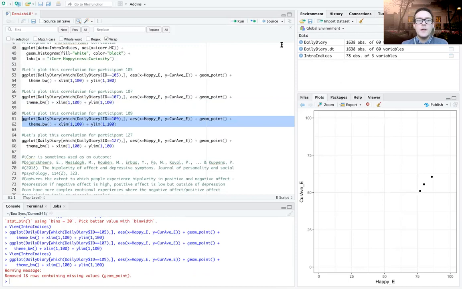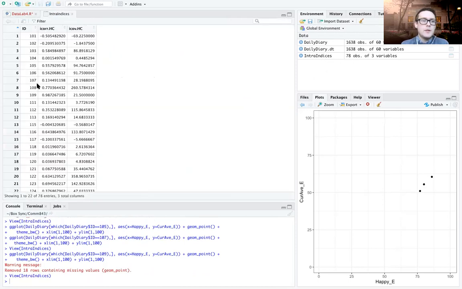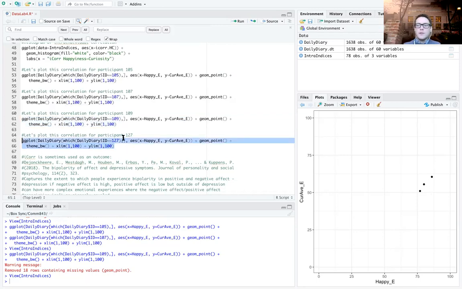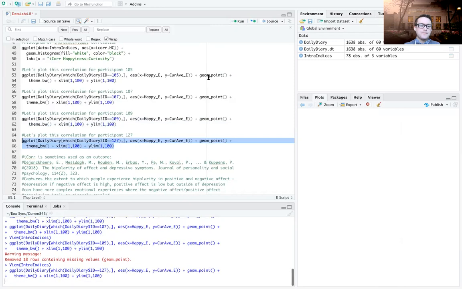This person, 109, had a pretty high correlation, almost 1, it's 0.99. But you wouldn't want to write a whole story about this because they only have 3 data points. So they completed 3 days, not 21 days. And even though there's a really strong positive association where when happiness is high, curiosity also tends to be high, it's not going to win you the Nobel Prize, right?